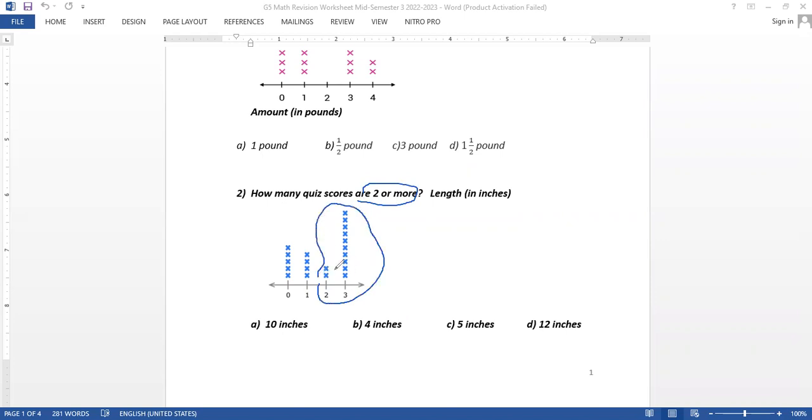So I need to count how many quiz scores we have here. 2, and we have here 10. So 2 plus 10 equals 12. The answer is D.